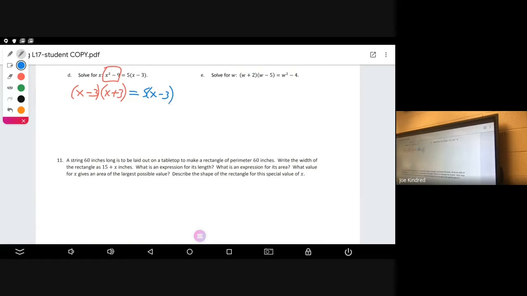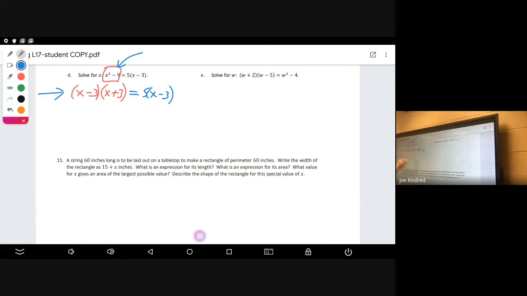In the previous problem, we showed that relationship. So if we were to multiply this back out, we would get that. I want you to start to see that this relationship exists between squares. 9 is a perfect square and x squared is a perfect square. Look at the relationship and see if that makes sense.